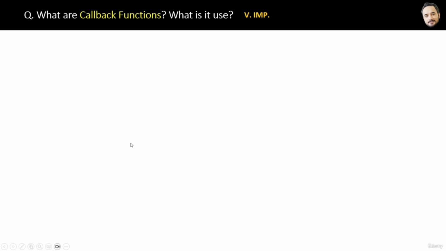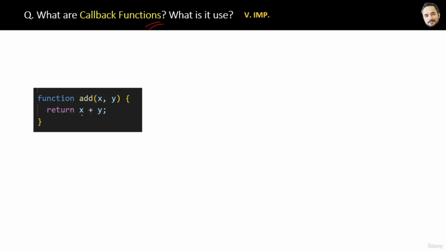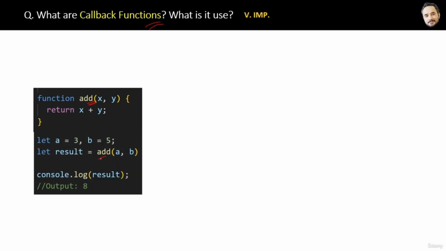What are callback functions? What is its use? Again, a very important question. Here is the code. And you can see we have a simple normal function add here. Now we can call this add function by passing 2 parameters and then getting the result in the result variable, right? Here the names of the parameters are not necessarily the same as the name of the parameters in the actual method.